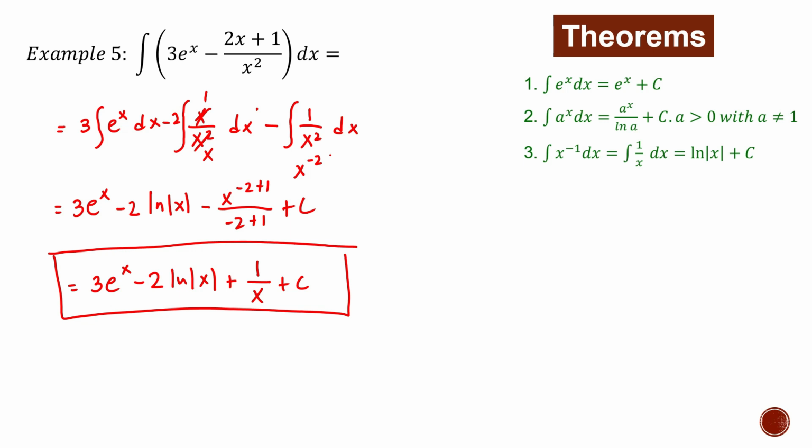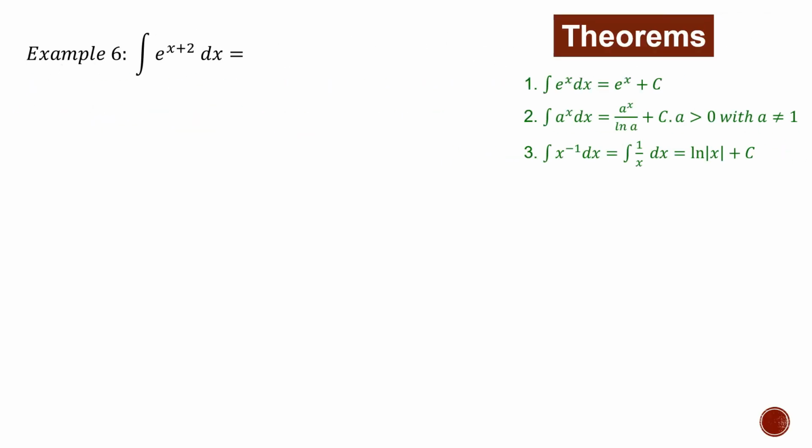5 more examples. Let's go to this one. So the integral of e raised to x plus 2 dx. Let me just rewrite this first. So this is e raised to x times e raised to 2 dx. Now we understand that e is a constant in math. That's approximately, I think, 2.7 something.